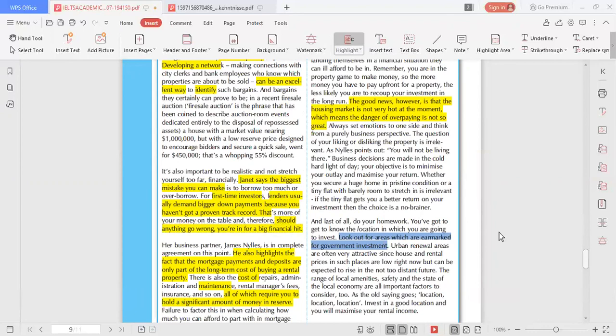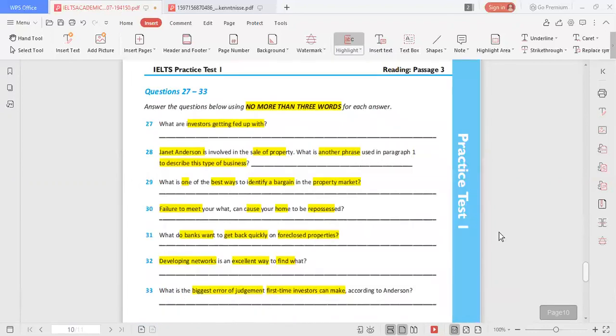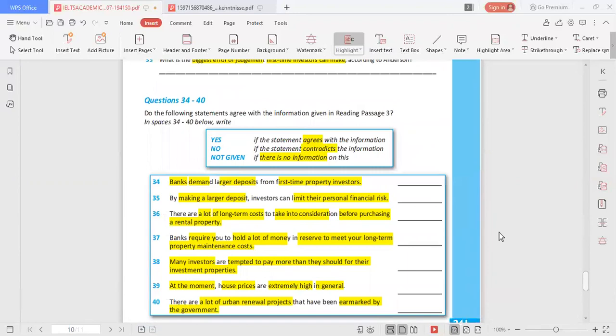Okay, so the correct answer to question 35 is a no, right? It's a no. So that is how you identify the no statements. They contradict it. It's the opposite. Here it says limit your financial risk. In the text it says no, you will have a big financial hit. So there's no limit to it.